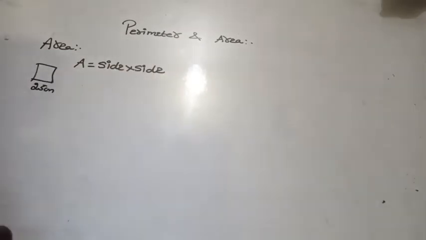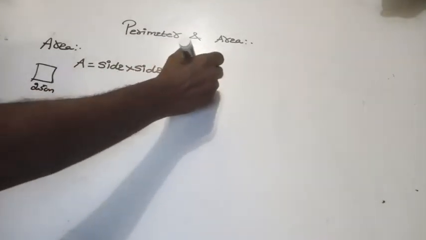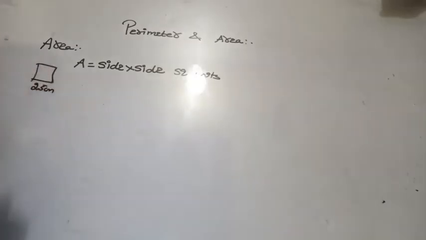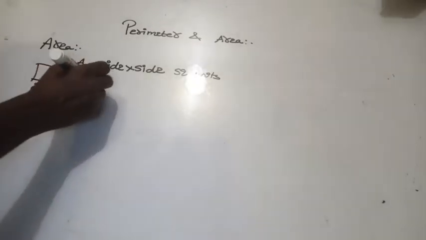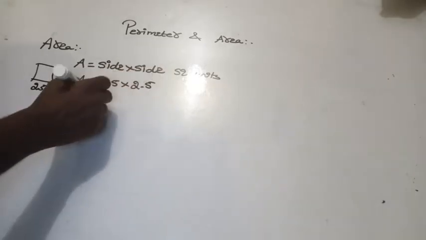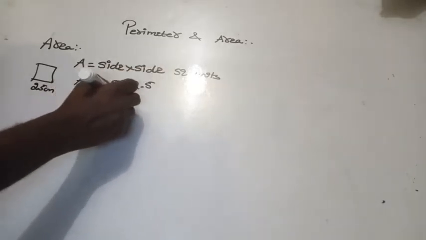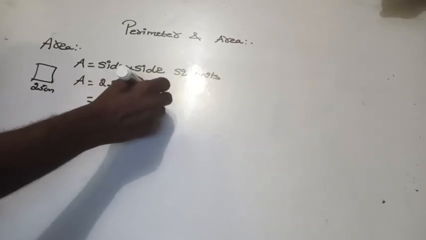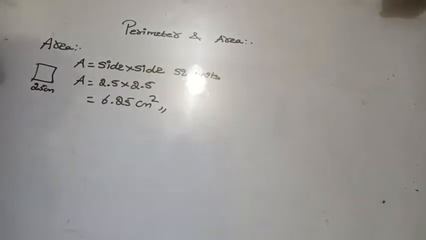Here the side of the square is given as 2.5. So 2.5 into 2.5 is how much? 6.25 centimeter square. It is the area of the square. Am I right, dear? Yes.